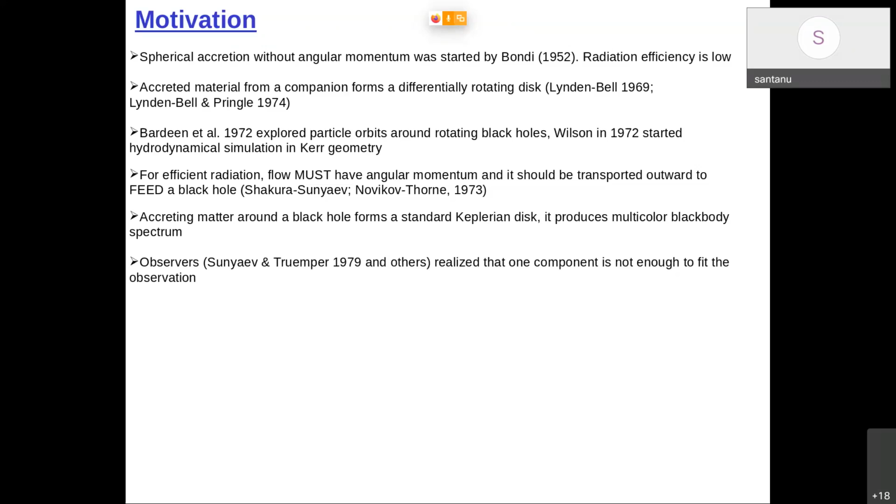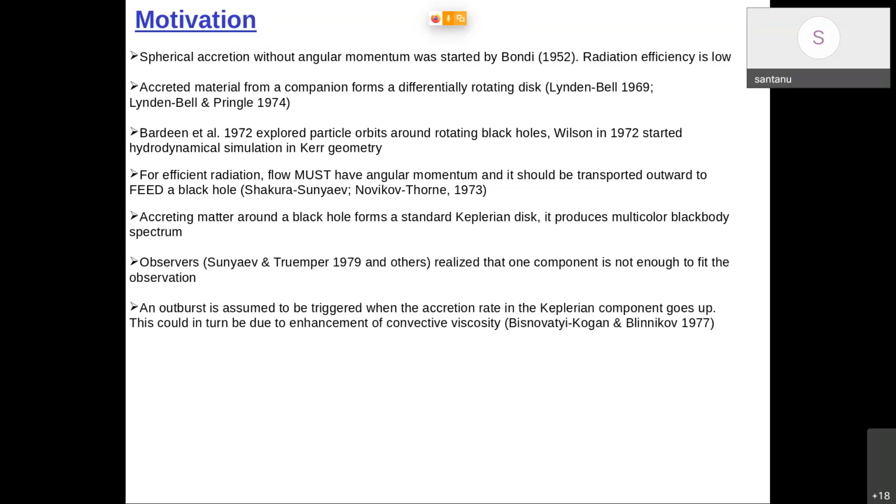To interpret observations, they need some more components. So in 1977, Vishniac, Kogan and his collaborators found that viscosity can change during the outburst phase of black holes, and they can trigger these powerful emissions.